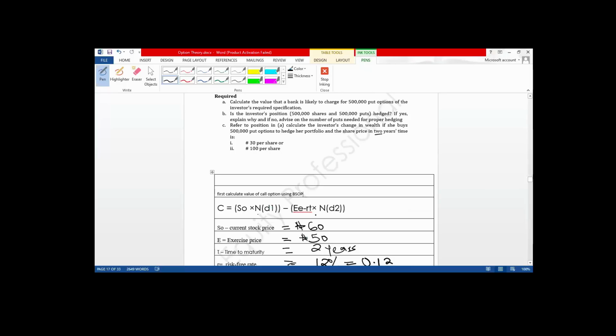Please note that exponential function automatically implies raised to power. Once you introduce exponential function, any figure you are putting is raised to power.